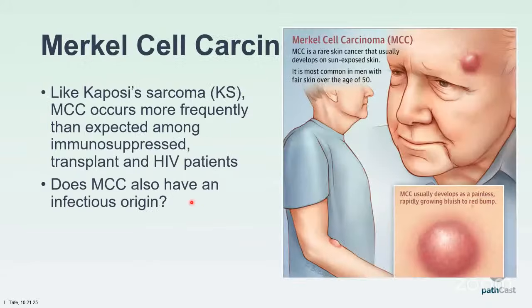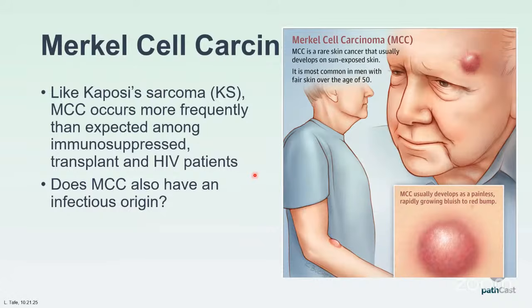And the question of whether Merkel cell carcinoma has a viral or infectious origin came about because it was observed that, like Kaposi sarcoma patients, MCC frequently occurred more than expected in immunosuppressed transplant and HIV patients.